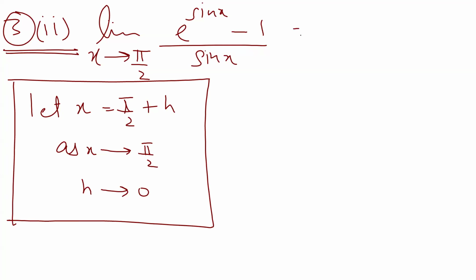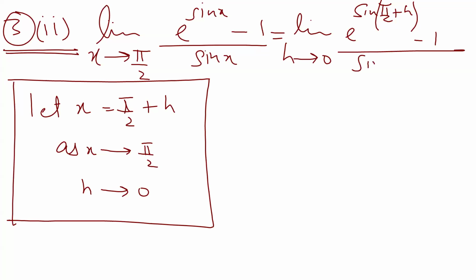So this is equal to limit h approaches 0, e raised to sin pi by 2 plus h minus 1 upon sin pi by 2 plus h.